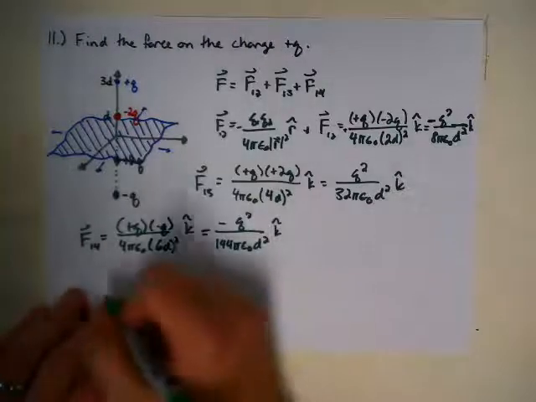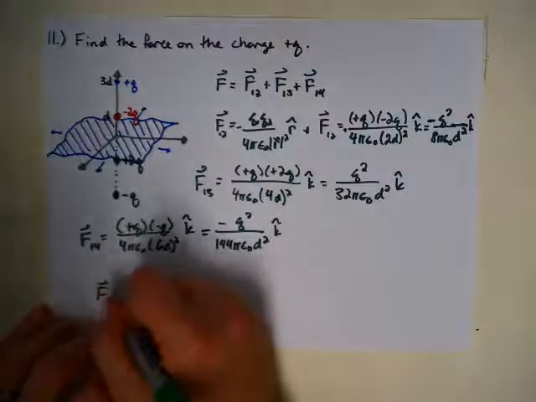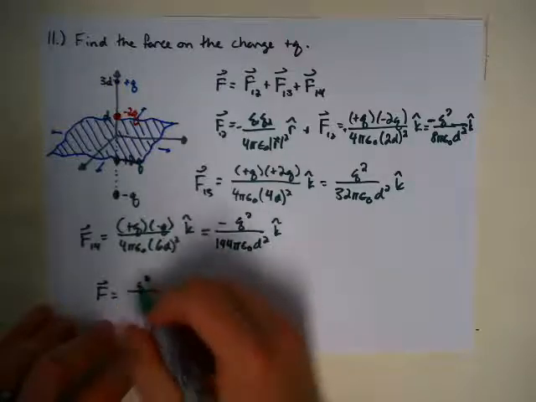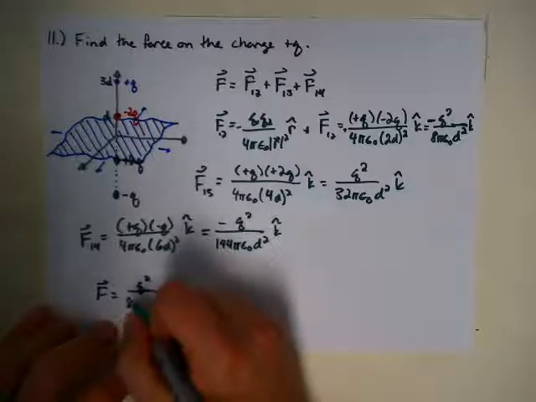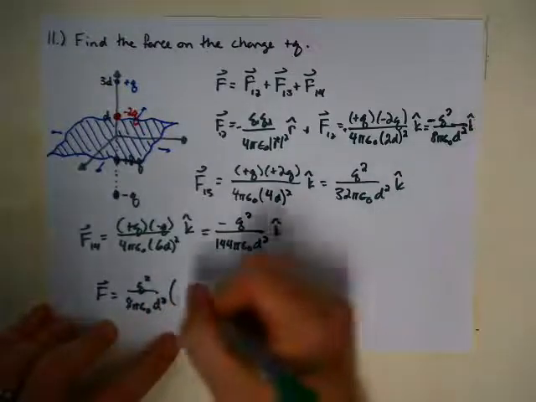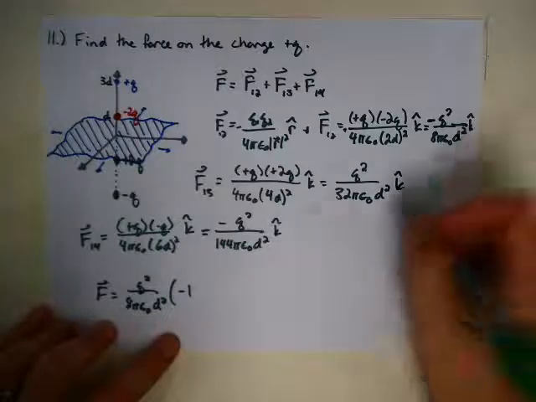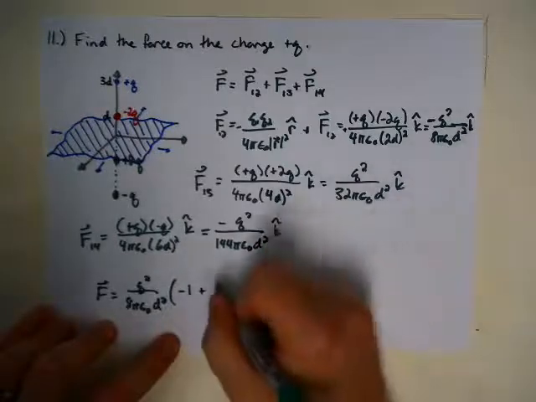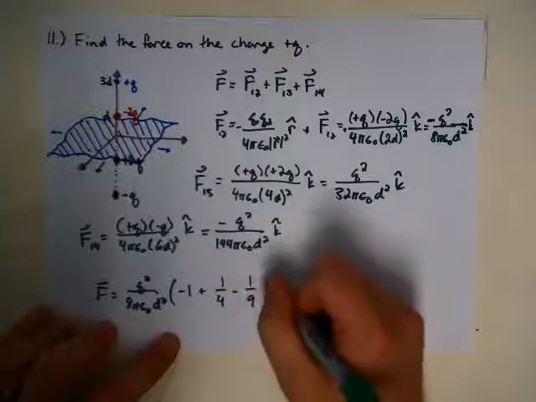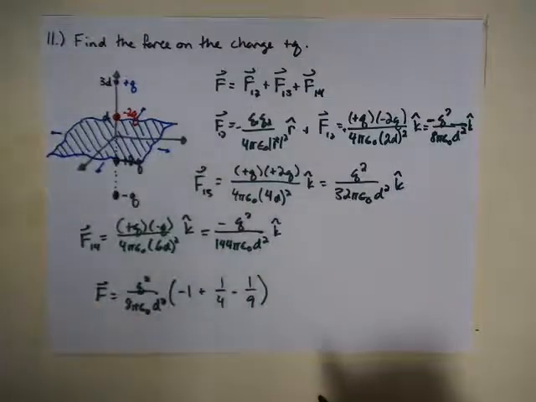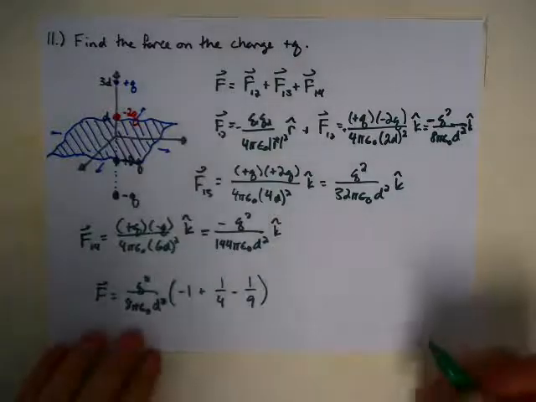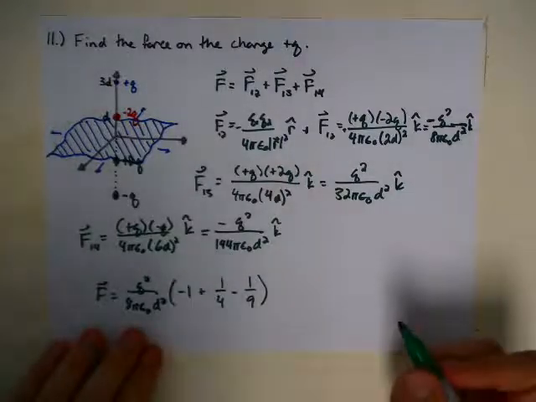Anyways, for the total force, I'm going to factor out Q squared over 8 pi epsilon naught d squared. Then I'm going to get a minus 1 from here, a plus 1/4 from there, and a minus 1/9. Put everything over a common denominator, which is going to be 36.